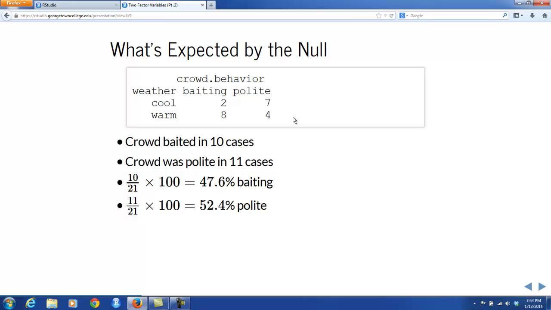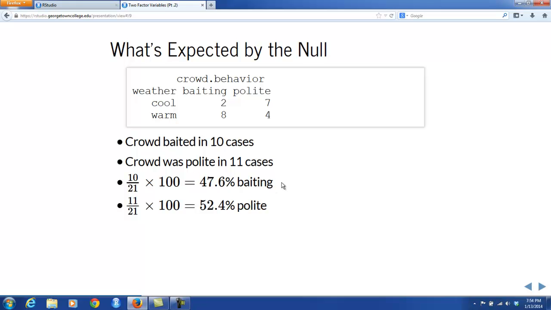You notice that there's 21 incidents in all, and that in 10 of those cases, the 2 here and the 8 here, the crowd was in a baiting mood. In 11 of those incidences, the 7 and the 4, the crowd was polite. Now, 10 out of 21, if you multiply it by 100 to make it a percent, gives you 47.6%.